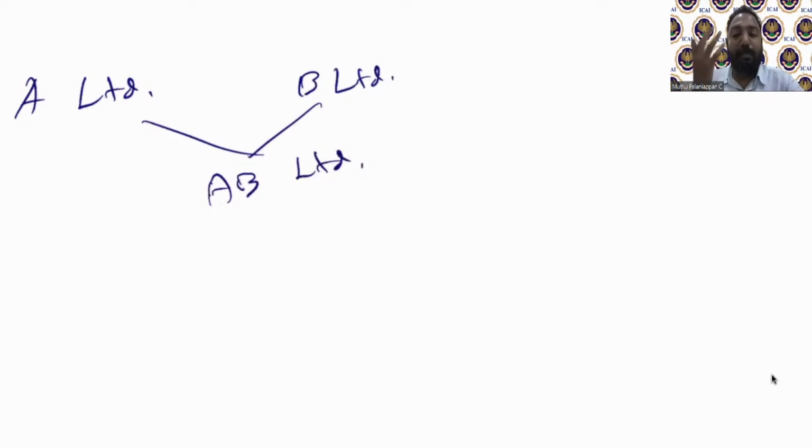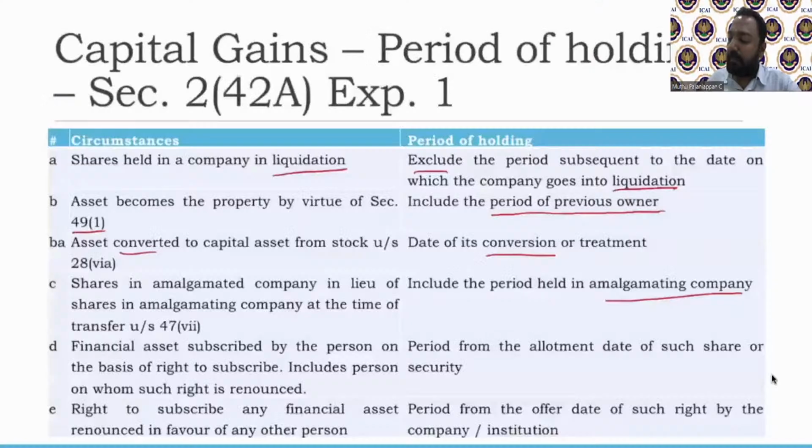So when you are taking the period of ownership, you will have to include the earlier period. That's what is meant by period held in amalgamating company. It's something like include the period of previous owner. You're not going to take AB Limited's holding alone; you're also going to consider A Limited's.